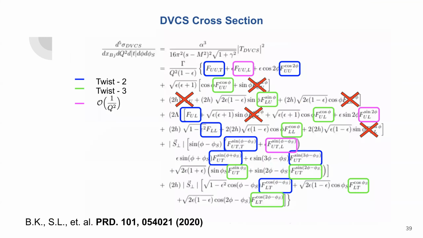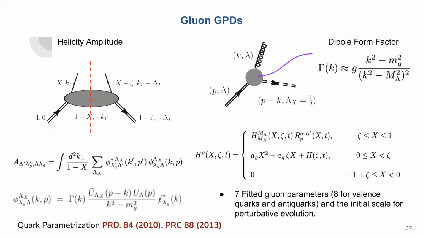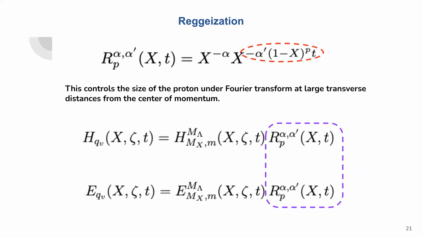Let's see. I think here. Yeah. So this reggeization term has two different pieces, right? This x to the minus alpha comes right out of the model if one allows the diquark mass to not be a delta function at mx, at the mass parameter, but rather have a spectral distribution.